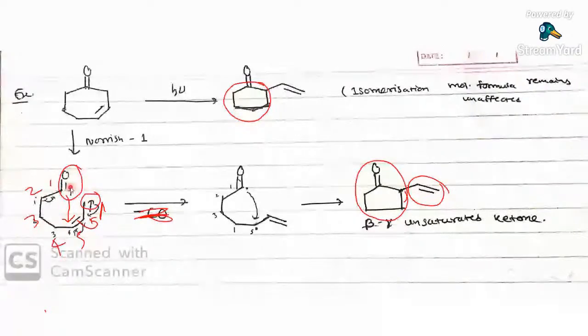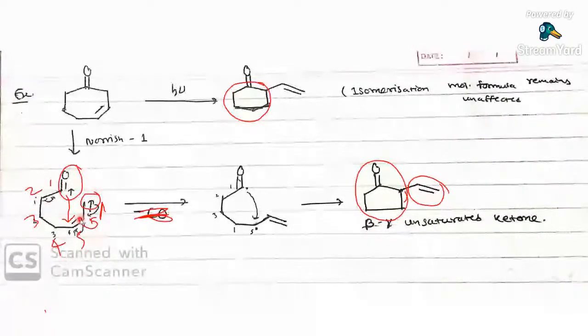As the fifth carbon is having the double bond, one radical can combine with the radical from the double bond. So for that I have written like this. This radical can combine with this radical. As a result, out of the double bond, one radical will combine with this, and one radical will remain pending there.